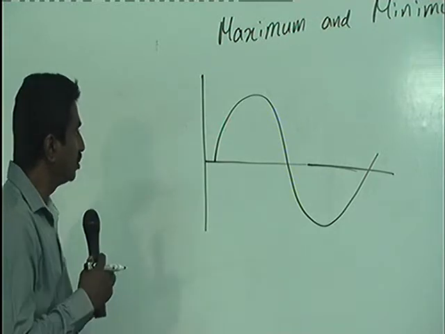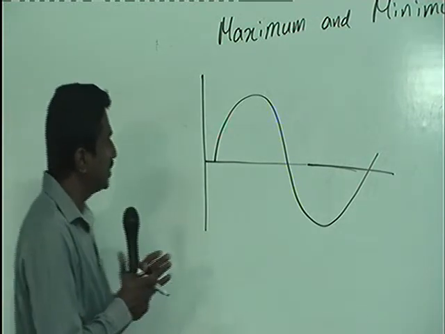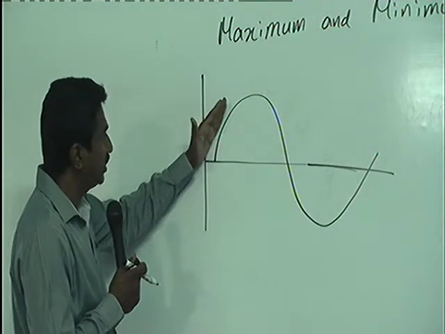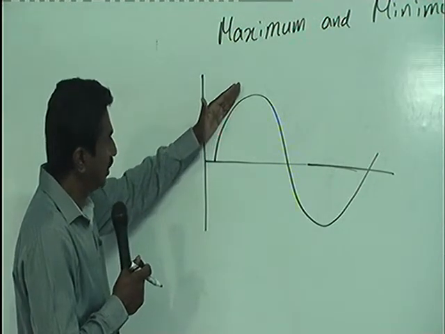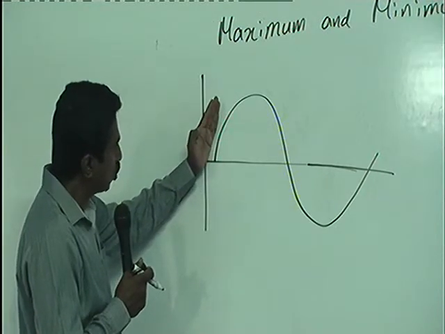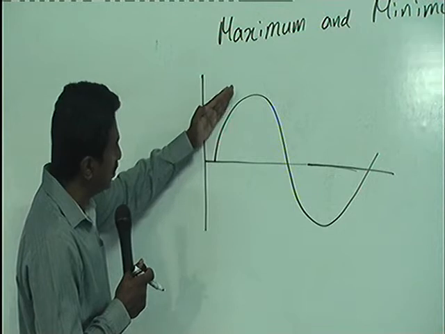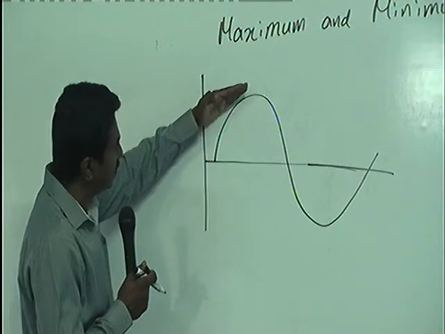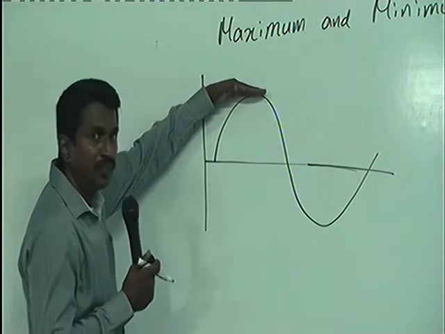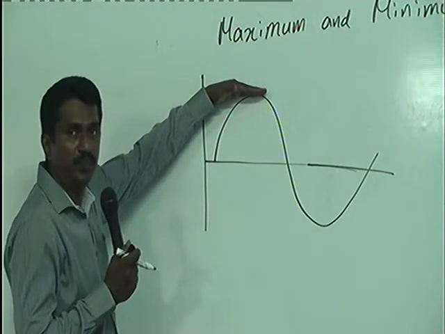So we know if the gradient is like this, we have a positive gradient on this side. Look at my hand, the slope is coming down, decreasing, decreasing. At the maximum point, the slope is 0.